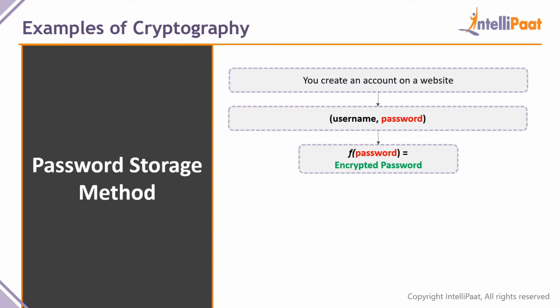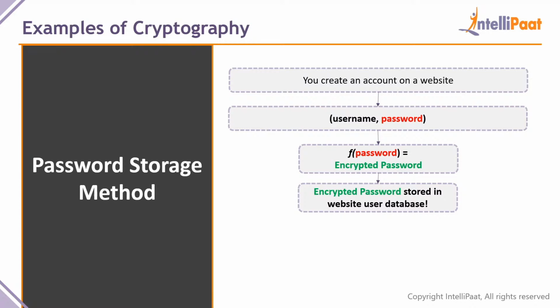So when it's passed through a function, you get your cipher. This particular cipher or encrypted password is stored in the website user database, right? So whenever you create your social media accounts, your encrypted password is actually stored in the databases of the organization where you're creating your account.